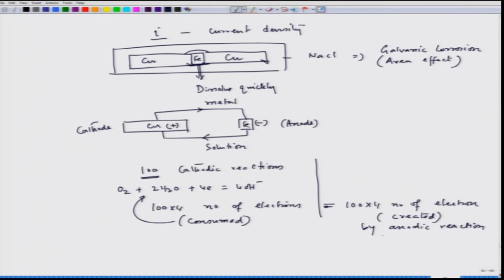The anodic reaction is Fe → Fe²⁺ + 2e⁻. Now I see that here the charge is 400 in the form of electrons, and here it is equal to 400 charge as well. Let us say this is per unit time.